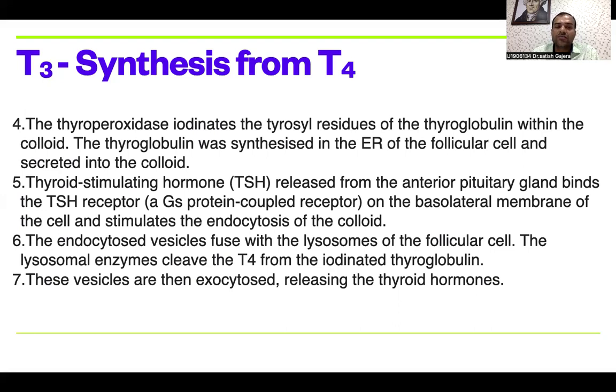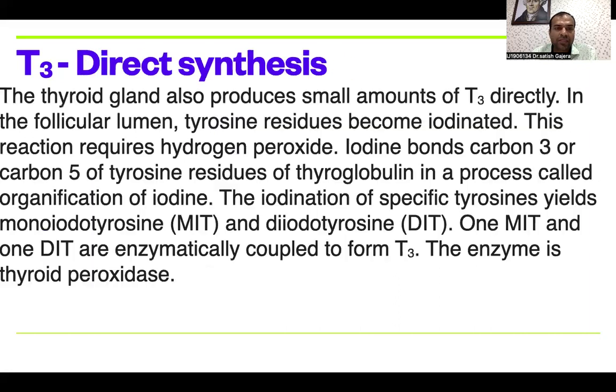So from the TSH stimulation of endocytosis of the colloid, the vesicles fuse with the lysosomes, the enzymes cleave T4 from the iodinated thyroglobulin, and now this T4 is released.